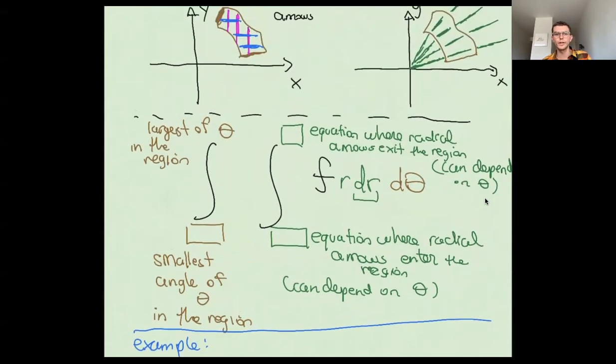It's just that instead of drawing vertical or horizontal arrows, you have to draw arrows that are radial, which look more like rays of light, right? They start at the origin and you look at where they hit. They are arrows with some angle of inclination, some tilt.